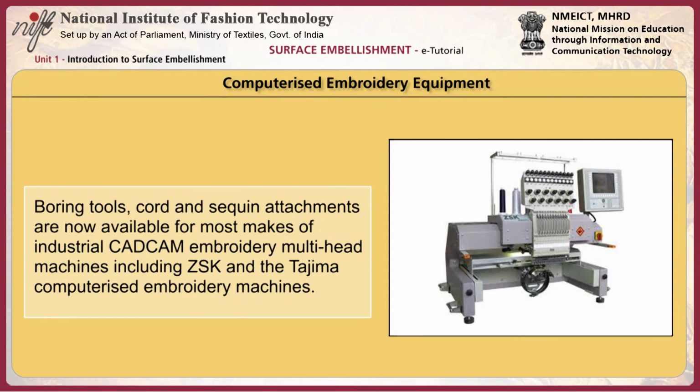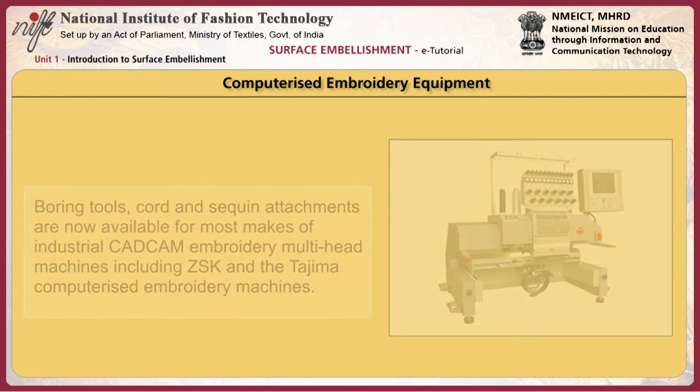Boring tools, cord and sequin attachments are now available for most makes of industrial CAD/CAM embroidery multi-thread machines, including ZSK and the Tajima computerized embroidery machines. Machines range from modular machines that are becoming more popular, such as a Maya machine with the capability of each head to work on separate designs.